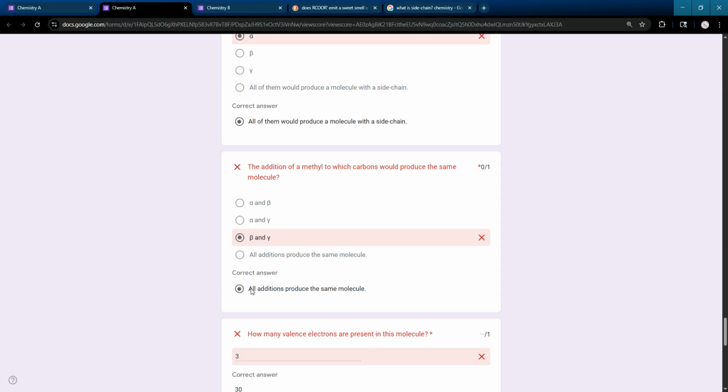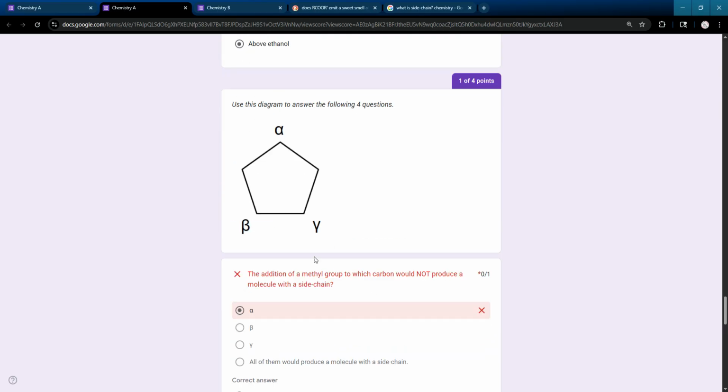So in this case, all additions produce the same molecule. Yeah, because once you add to this one, then it connects all around. If you add here, it'll connect all around.